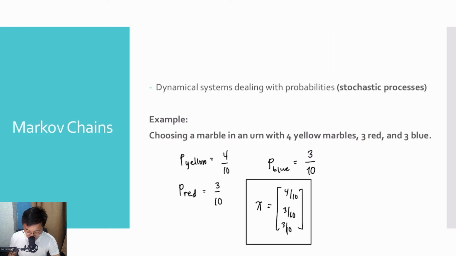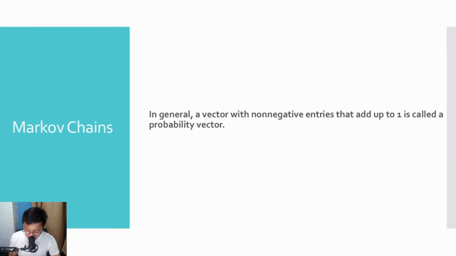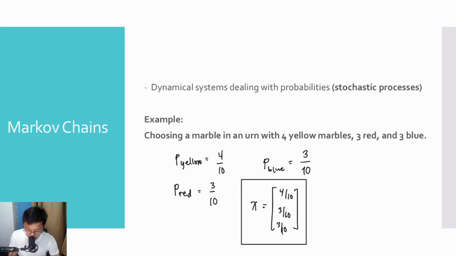And to be specific, this vector has non-negative entries that add up to 1, so we say that this is a probability vector. Kasi nag-add sa 1 yung values ng ating column matrix, or yung state vector.